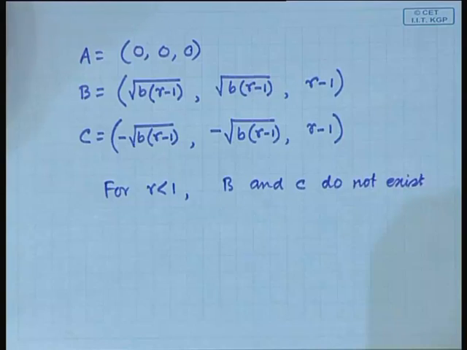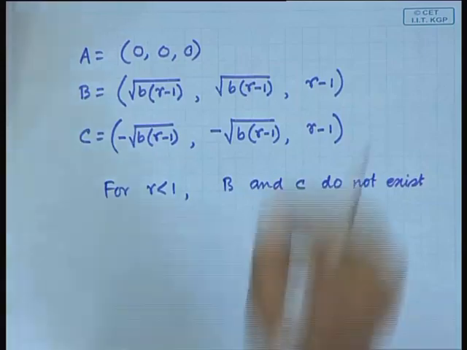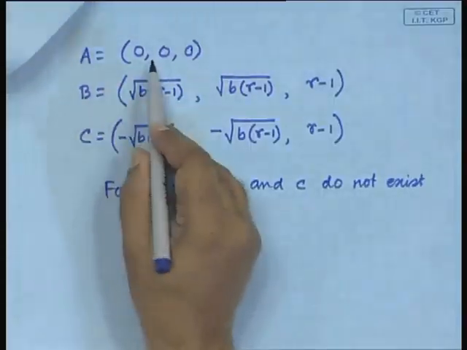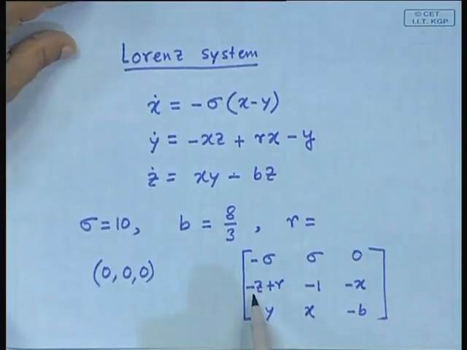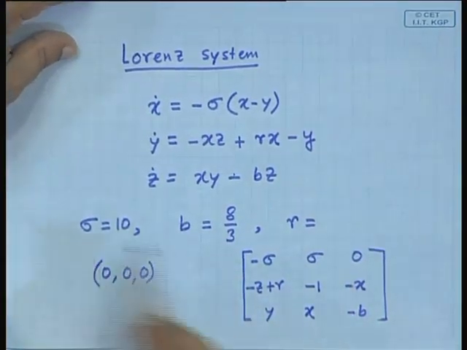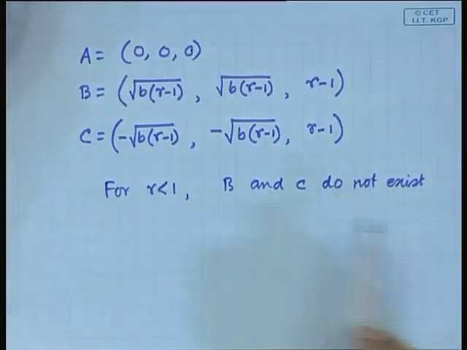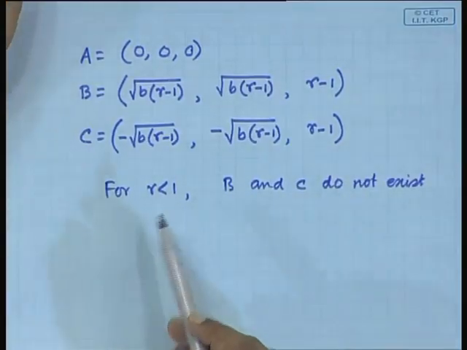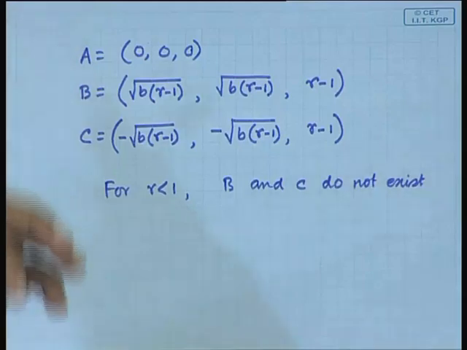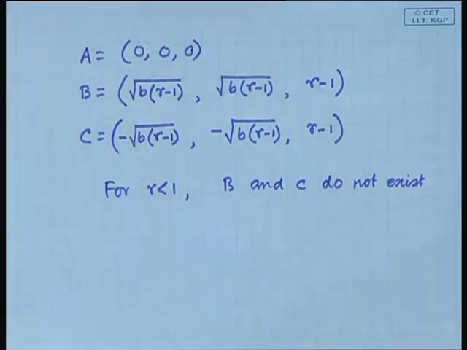And when that is so, what is the status of the point A, 0 0 0? It is stable. Just put in these values, you will find that when B and C do not exist, A is stable.